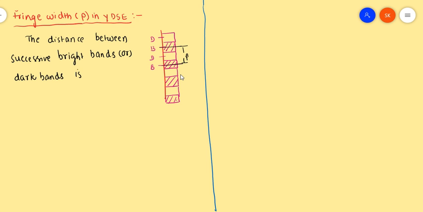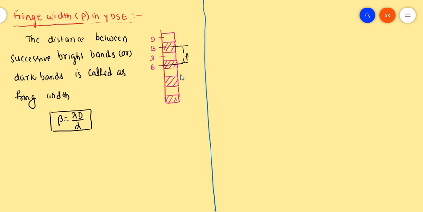This is called fringe width. We derived the fringe width formula, that is beta equals lambda into capital D by small d. This is the formula.